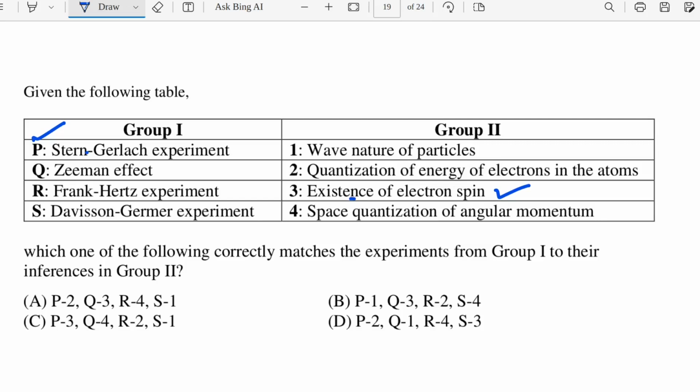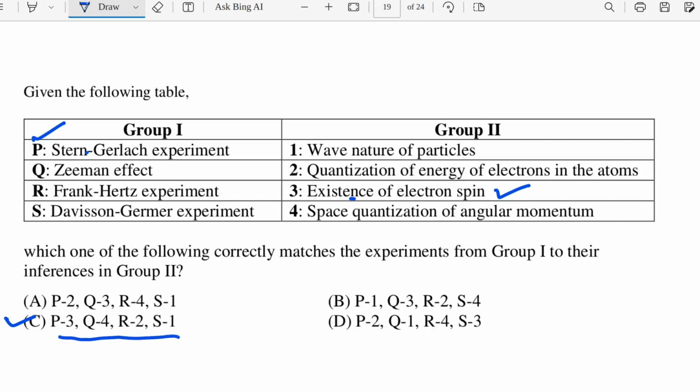If I know this one perfectly, then obviously what will be the correct answer here? The correct answer will be C, because you can see that P is going to 3. None of the other options have P going to 3. Only this one has the option P going to 3.